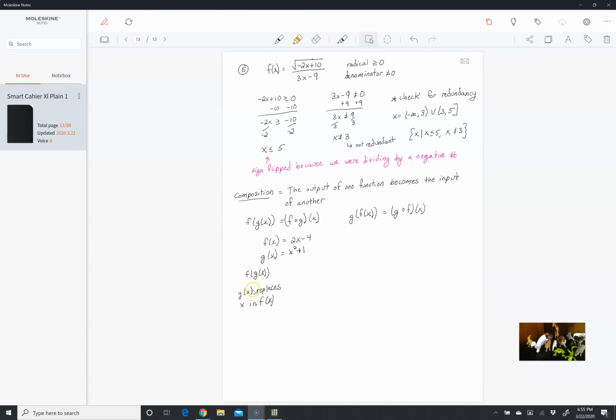This is saying our input of f now is g of x, so every time that you see an x in f, it's now going to be g of x. So there was an x, so we're replacing it with x squared plus 1. And then we have minus 4. Okay.